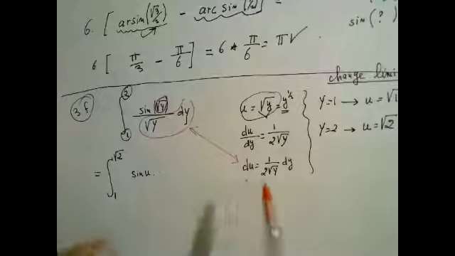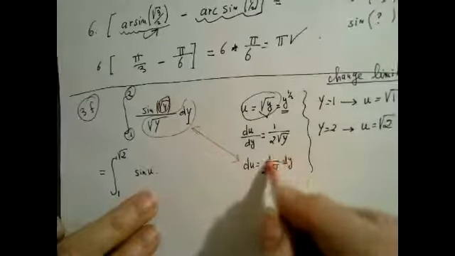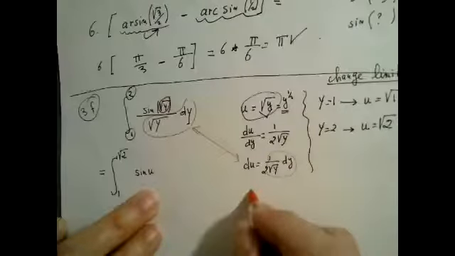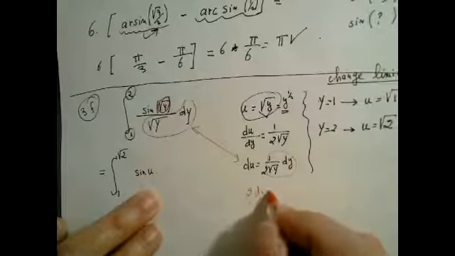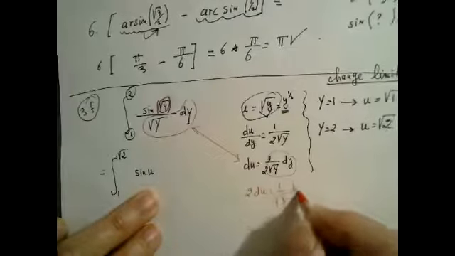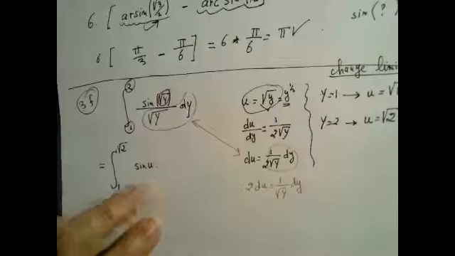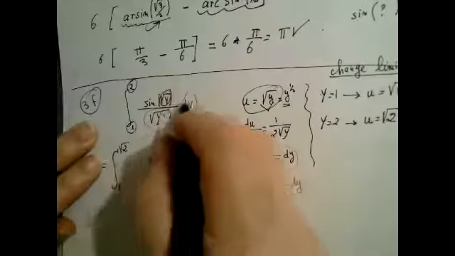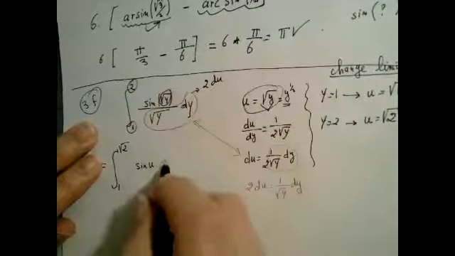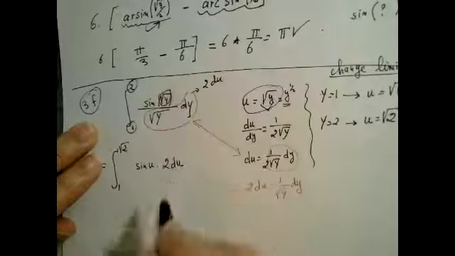If I keep my eye here, I realize that to get the 1 over square root of y dy, I need to multiply here by 2. So 2 du is 1 over the square root of y dy. So now I'm done. This piece right here is the 2 du. So I'm going to have the 2 du.